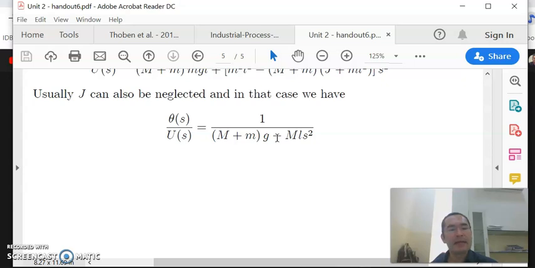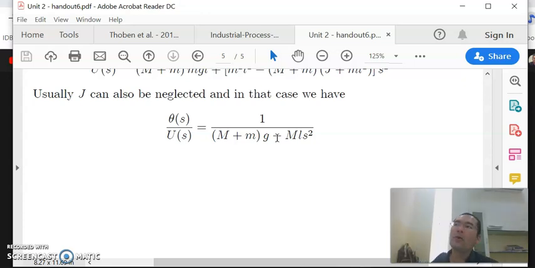This is why the inverted pendulum, in fact, is the perfect example that you always need some type of control system in order for this inverted pendulum to remain vertical. Otherwise, it will be very difficult and the pendulum will fall in any of the two directions, to the left or to the right.